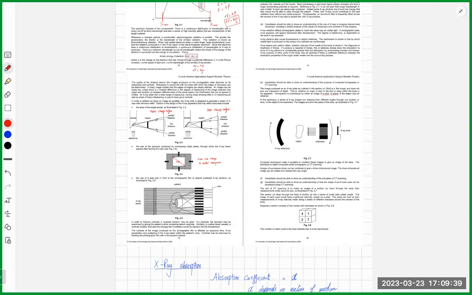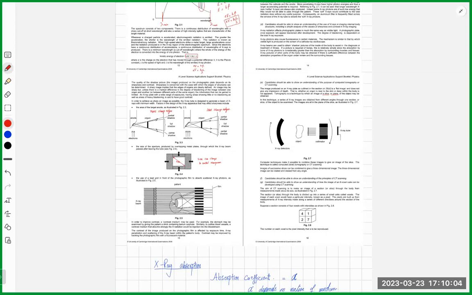What is the advantage of doing that? Low energy beams are more likely to get absorbed into the human body and produce damage. X-rays are not good for the human body. They can cause cancer, they can cause mutation. So we want X-rays to go into the body and get out of the body.